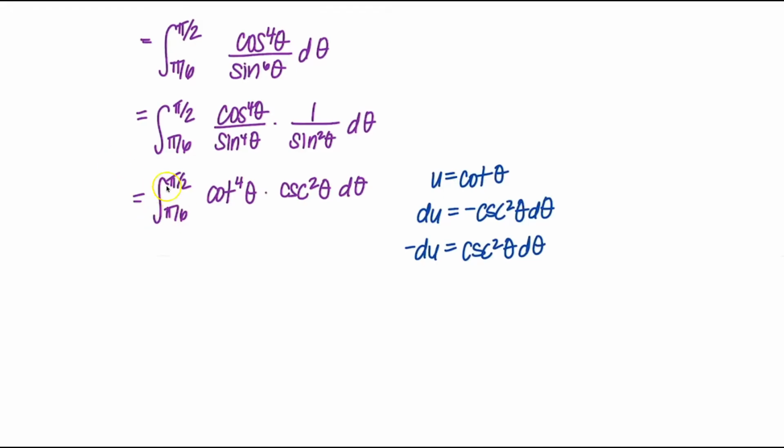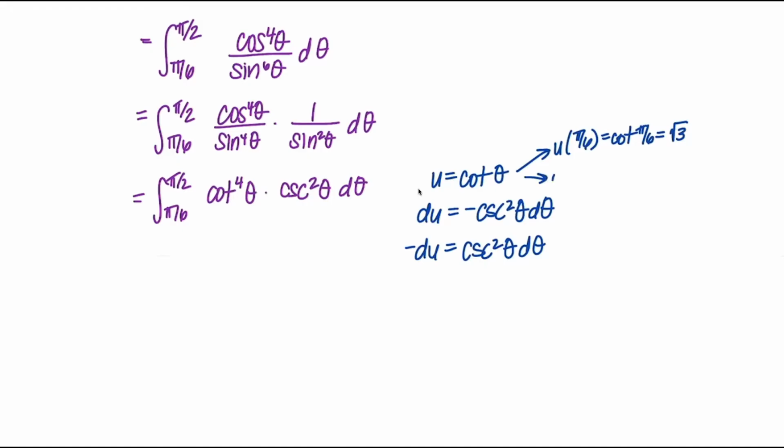Okay, well, now our limits of integration need to change again. They are theta values, and they're going to need to become u values. So if I substitute in pi over 6 into cotangent, cotangent of pi over 6 is the square root of 3.